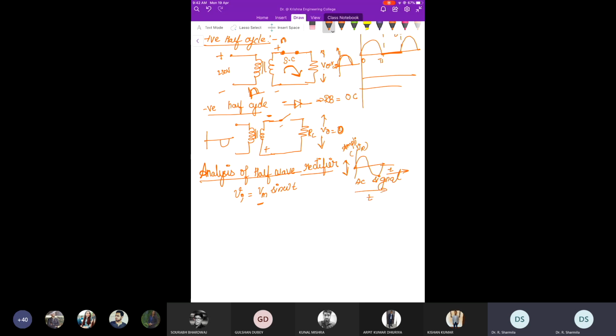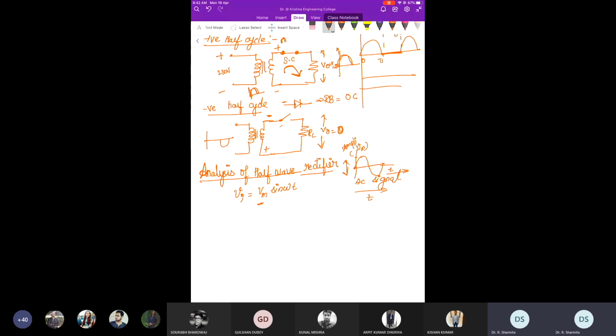Then we can represent the phase also, but we are not going to consider phase here. I am going to consider the amplitude and time of the signal. So I can represent my input voltage as Vi equal to Vm, where Vm is the amplitude of the sine waveform.